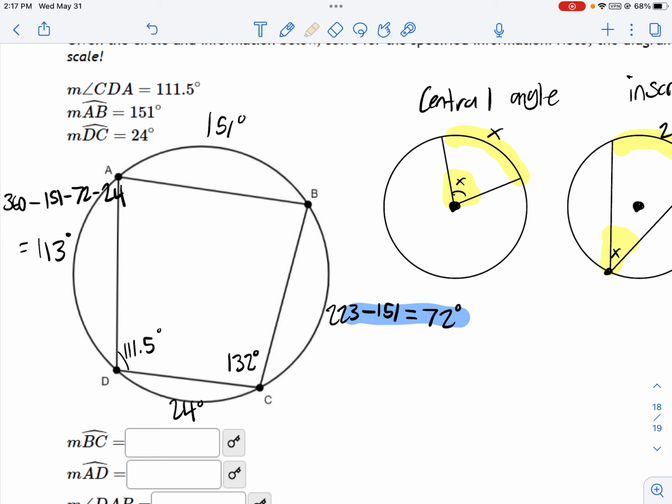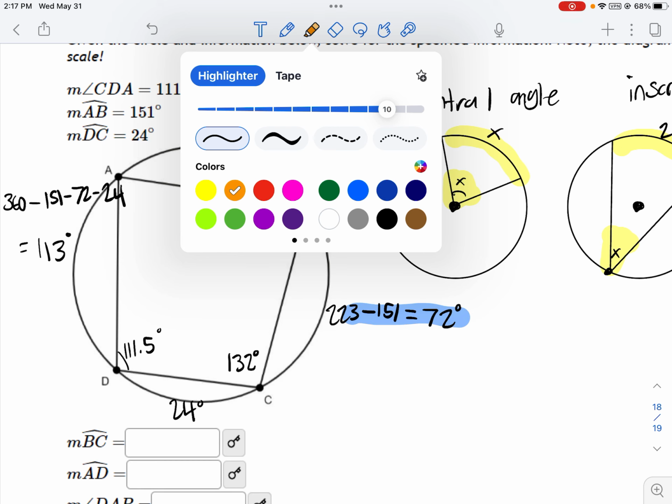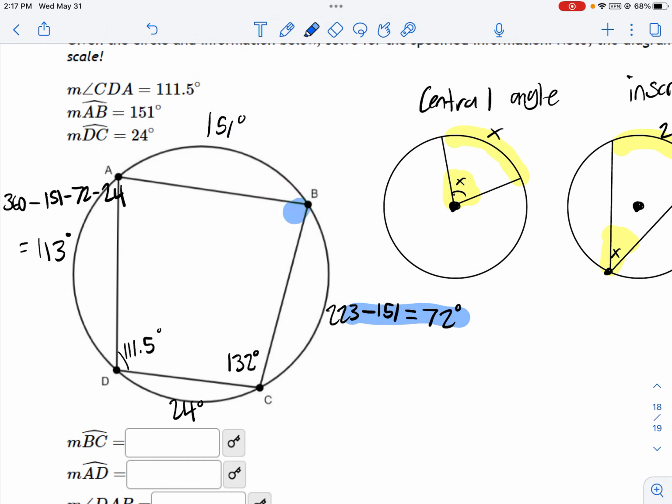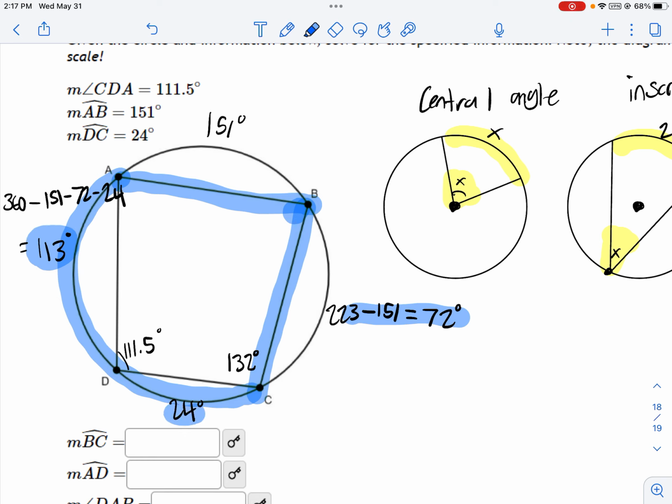Alright, so as we keep going from here, what if we want to find angle B? Well, follow out the two segments, connect the arcs together, and you notice that for that angle, it's going to be the two arcs of 113 and 24. So if we add 113 and 24, that is the arc that we need.